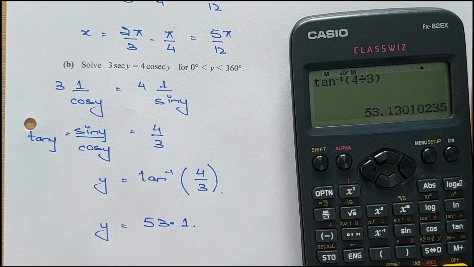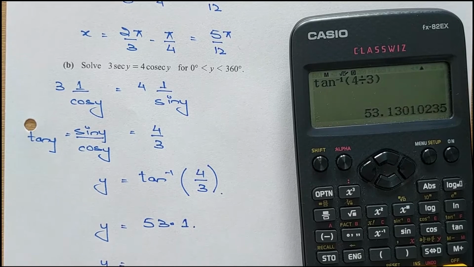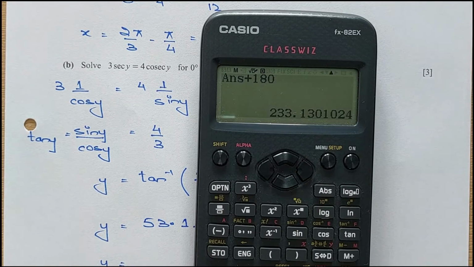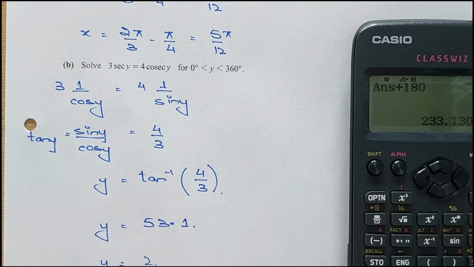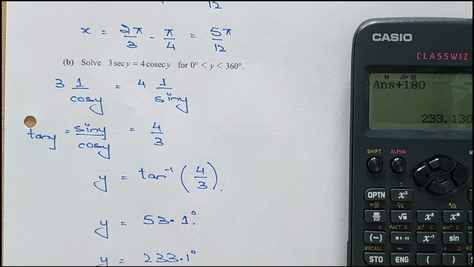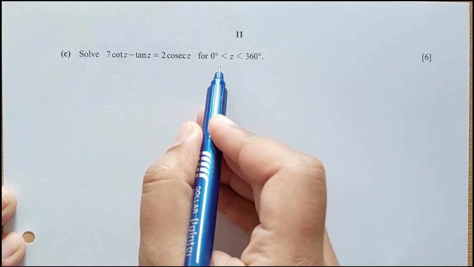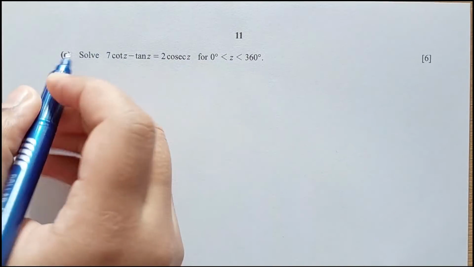For the third quadrant, we have the y value that is 180 plus that answer, so we have 233.13, 233.1 degrees. So these are the two values of y that satisfy the domain. Now for part C, we have to solve this for z between 0 to 360 degrees.